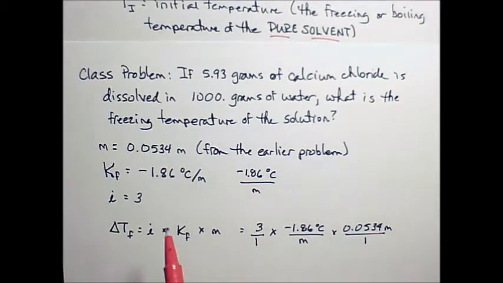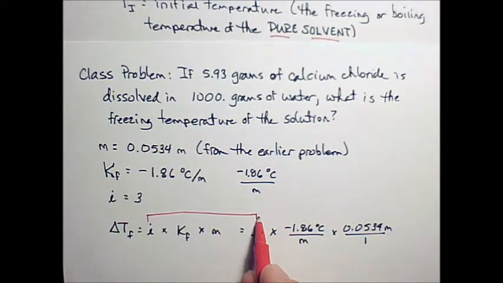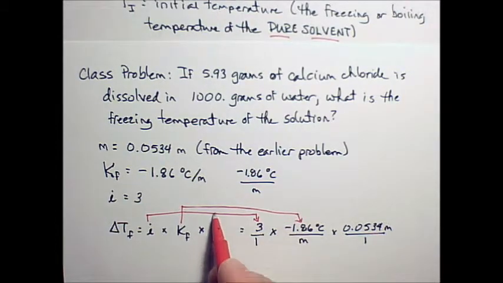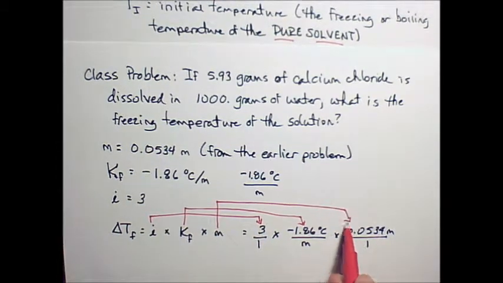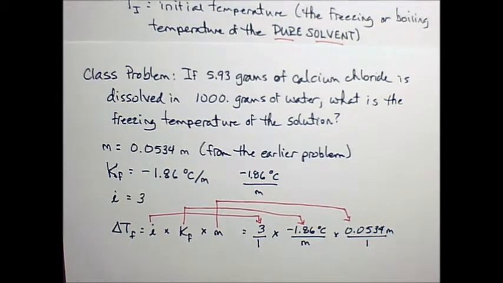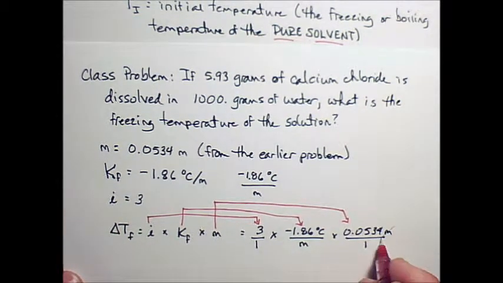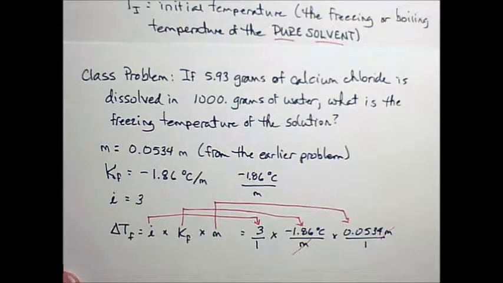So we plugged in I. There's 3. We plugged in K sub F. There it is right there. We plugged in the mole concentration right there. Then you cancel out mole concentration.